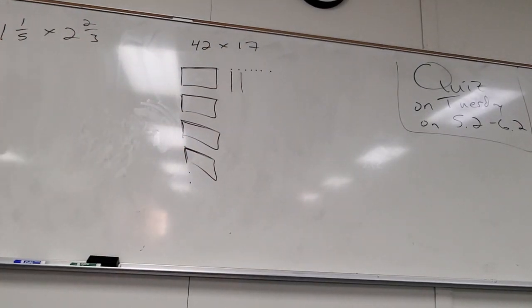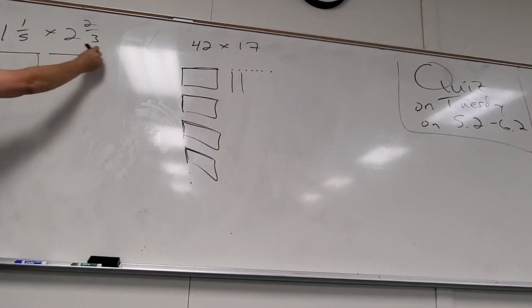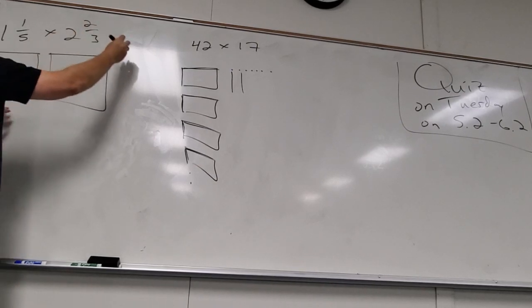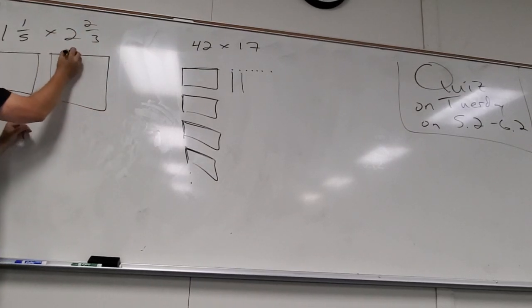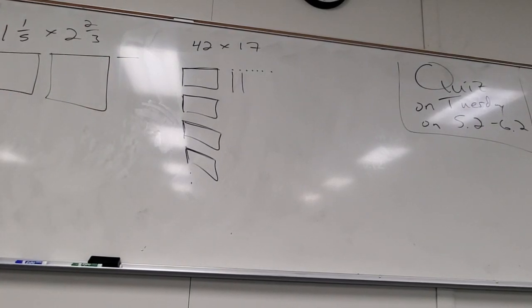Here, I'm going to have 1 1/5 times 2 2/3. So this will be that. Of course it's not to scale. You try to kind of represent it.